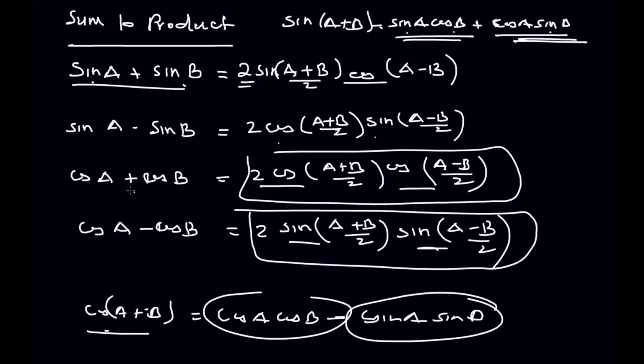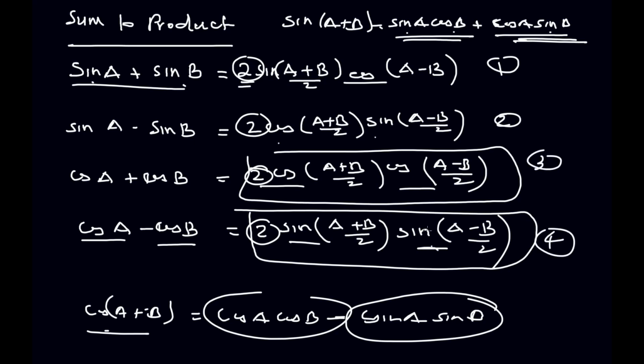But because we are putting two together, there will be a 2 introduced, and that's where that 2 is coming from. So these are the 4: 1, 2, 3, and 4. These we call sum to product identities. The other 2 that are left that are crucial are what we call double angles and half angles. So we're going to go to those next.